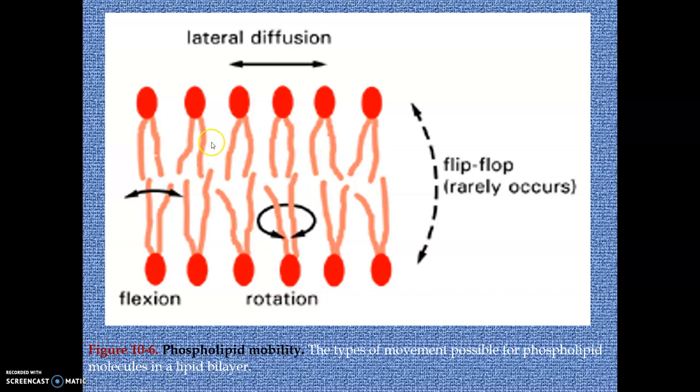So there are 3 different types of movement. First, lateral diffusion, where the phospholipid keeps moving its position within the same layer. Between the two layers, the movement is called flip-flop movement, and in the same position it keeps rotating, which is called rotation. So these 3 types of movements are made by the phospholipids every single second.